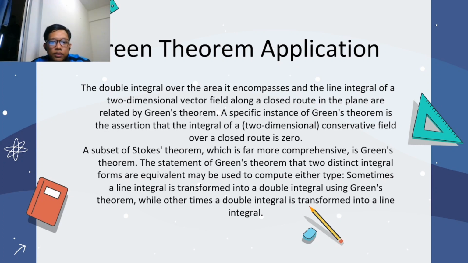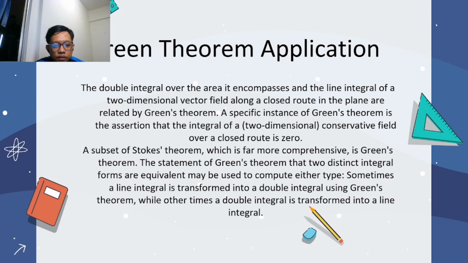Okay, the Green's theorem application. The double integral over the area it encloses and the line integral of the two-dimensional vector field along a closed path in the plane are related by Green's theorem. A specific instance of Green's theorem is the assertion that the integral of a two-dimensional conservative field over a closed path is zero.